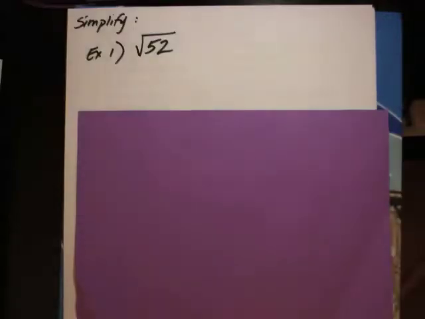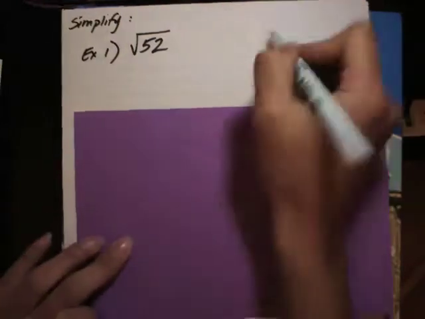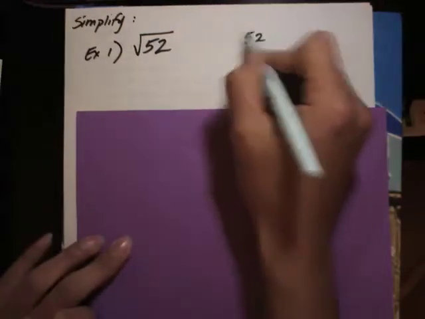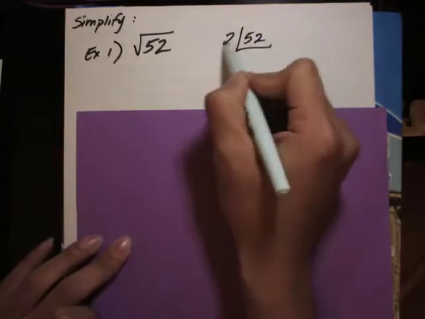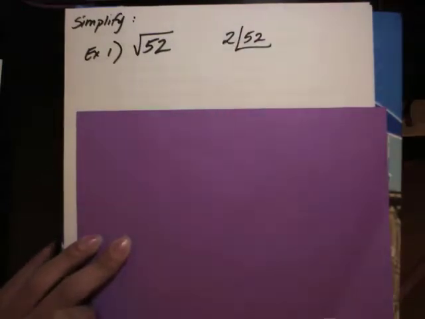Okay, so our first example is the radical 52. And we're going to simplify this. And the first step in doing this is finding the prime factors of the radicand. Okay, so our radicand is 52, and our objective is to find the prime factors. So I'm going to divide by the first prime factor that I know.